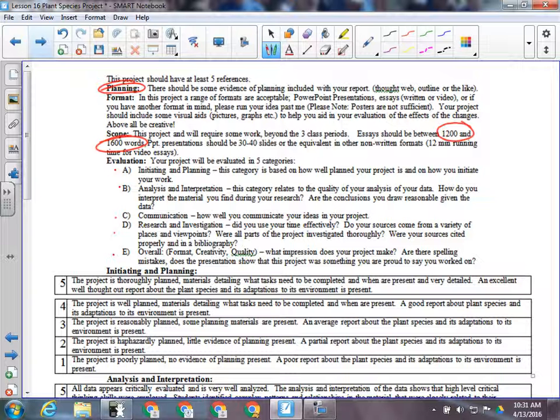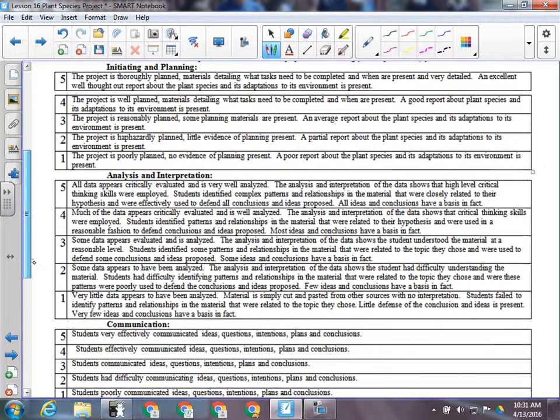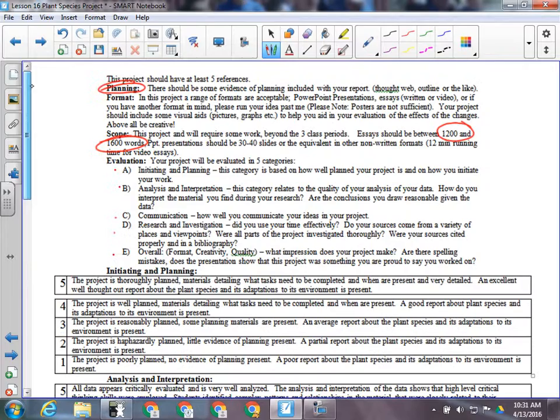Or does it look like you threw it together at the last minute? Or you've got 4 different fonts all the way through your report. It's like, what's going on here? Things like that are your overall impression of the report. How neat does it look? All right, and then the rubrics are on the file there as well, which I'll use to mark you guys.